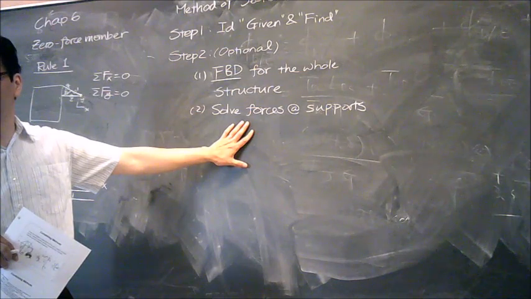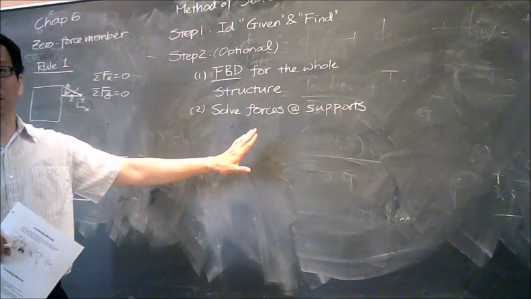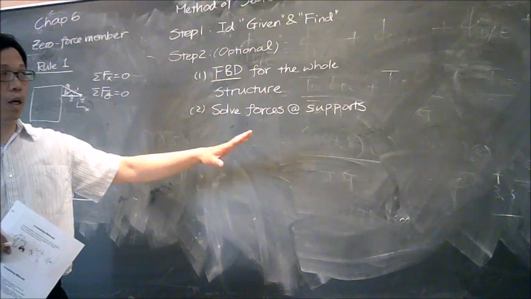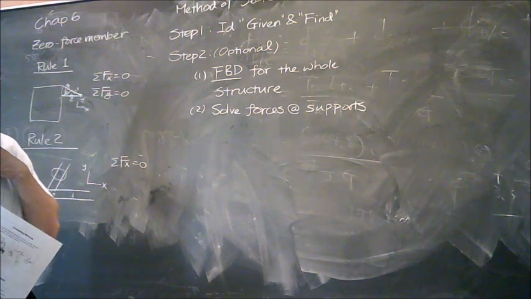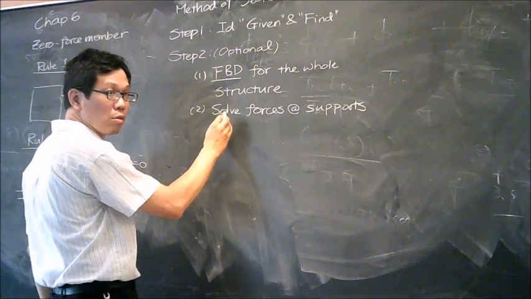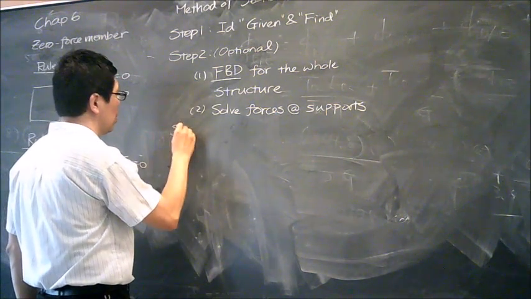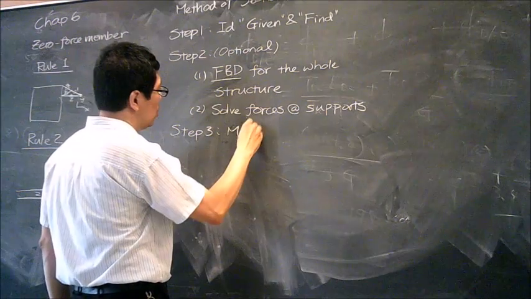Does that make sense? But sometimes it's not necessary, because sometimes those supporting forces have been specified in the problem statement. So this step might not be necessary. But in most cases, I would suggest you still do this, just to be safe. Okay. Then step 3, make a cut.